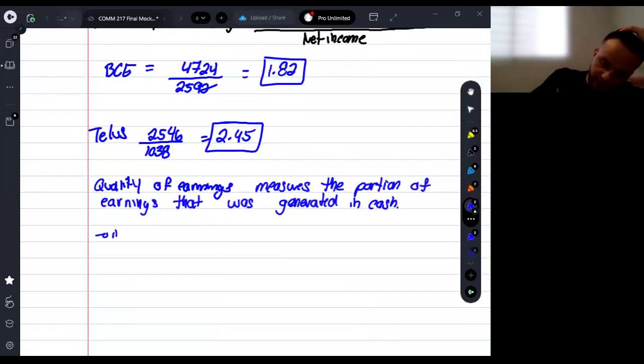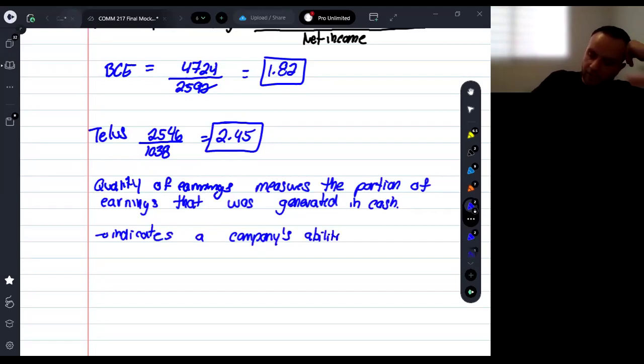Basically, it indicates a company's ability to finance its operations from cash flow.